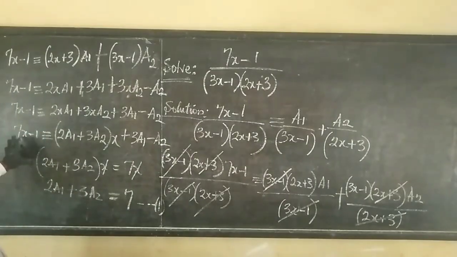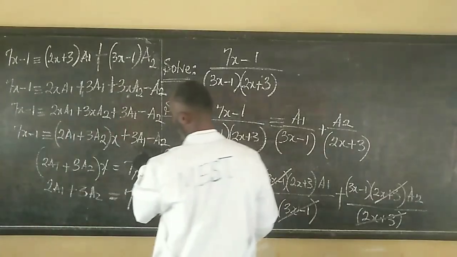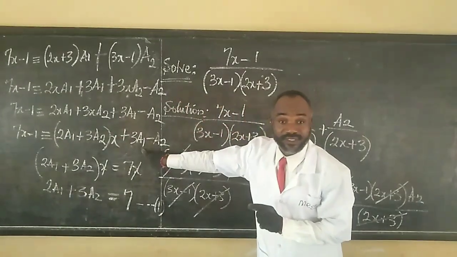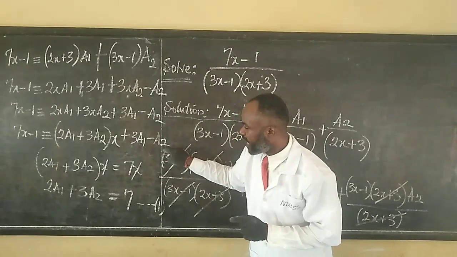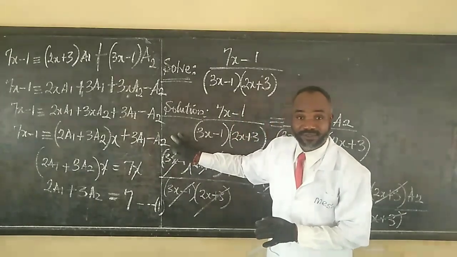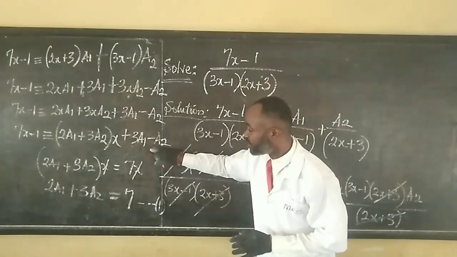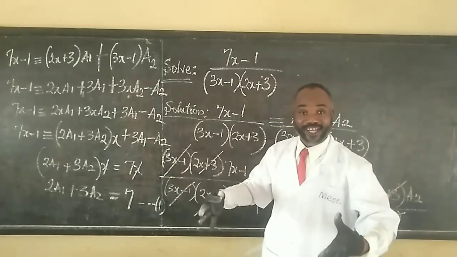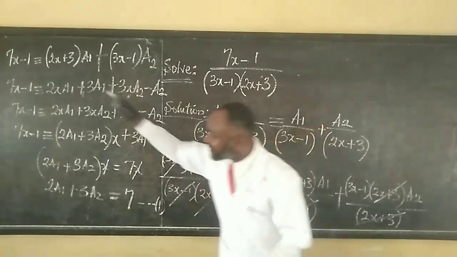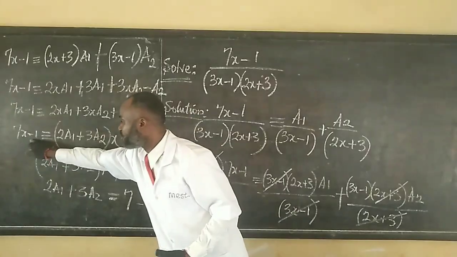We go again. From here, look at this. We've not touched this. 3a1 minus a2. Call this expression constant terms. Therefore, we are going to compare constant terms with the constant term over there, and that is minus 1.